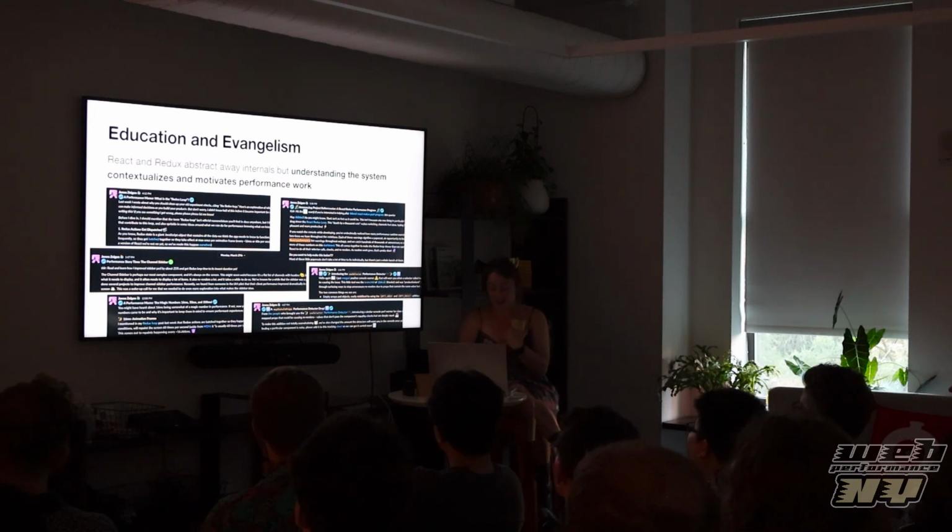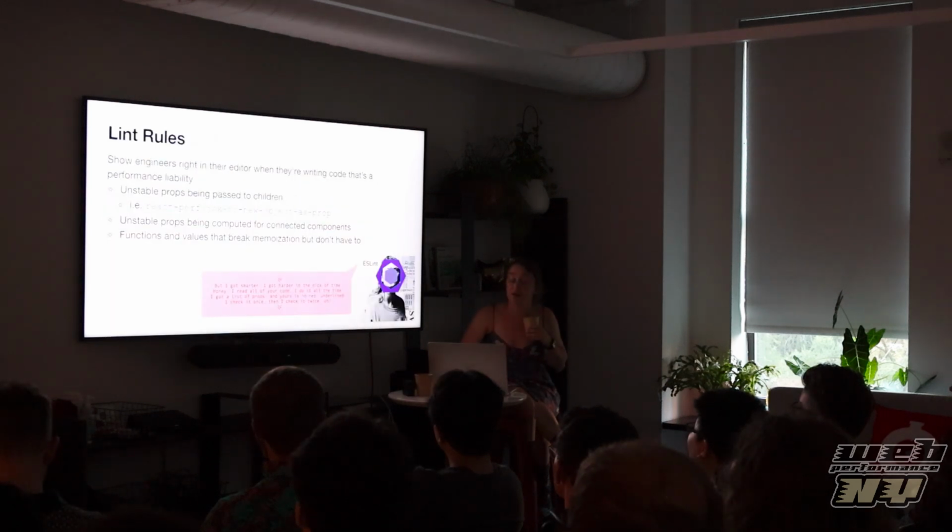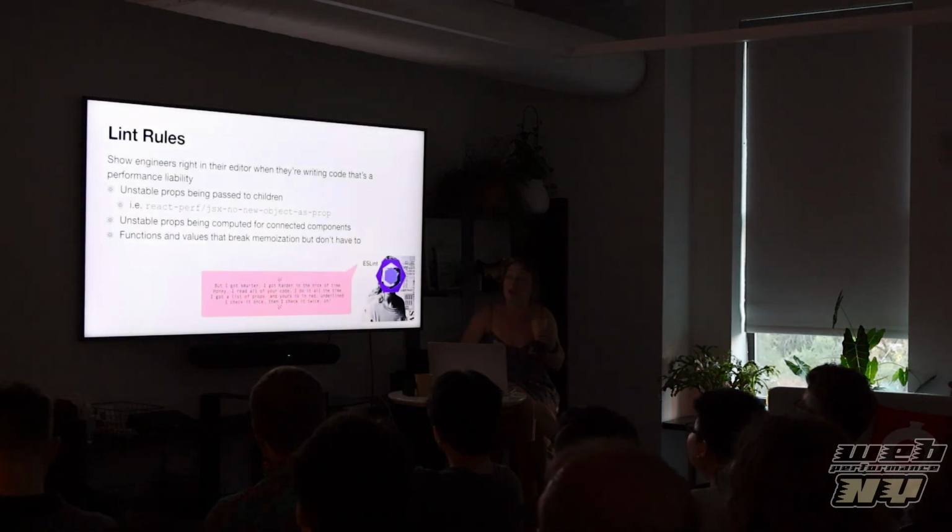But there was other tooling that I wrote. Another key part of this was making people aware of the issues that were happening. People were writing code, they didn't realize that they were creating a paper cut. So lint rules are a great way of surfacing with no intervention when something has gone wrong in code that can be detected via AST or whatever.